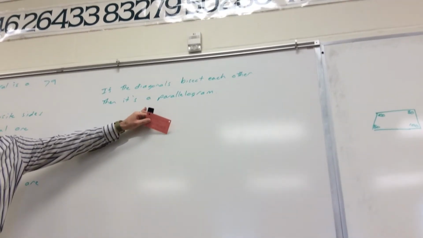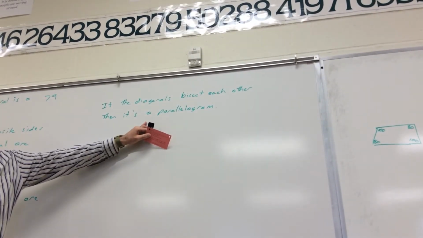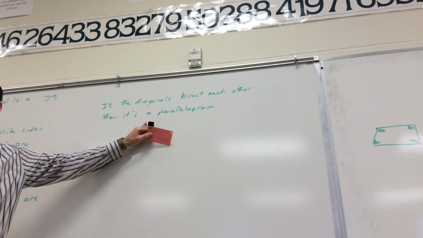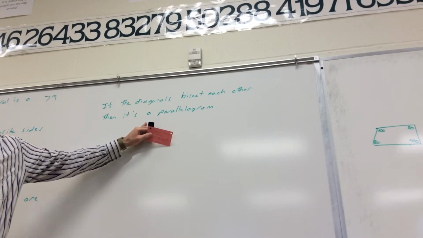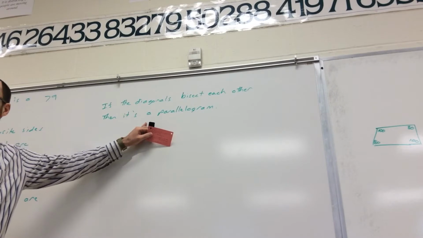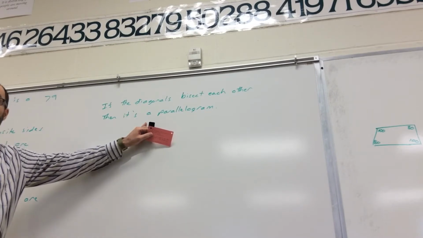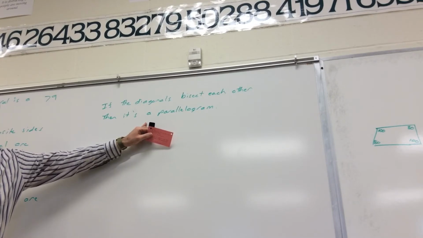If the diagonals bisect each other, then it's a parallelogram. So that means both diagonals are cut in half by each other. So this one and this one cut each other in half. If that happens, then that's enough to prove it's a parallelogram.